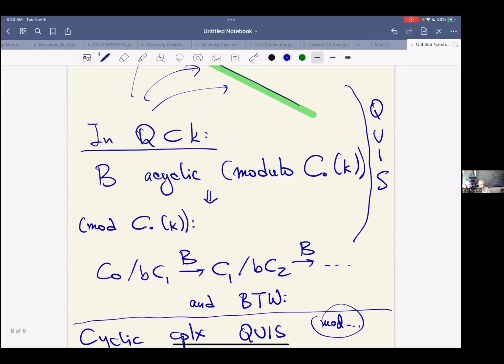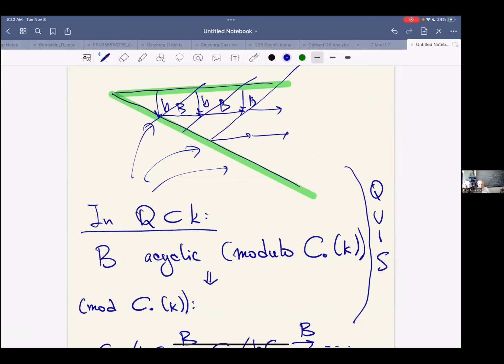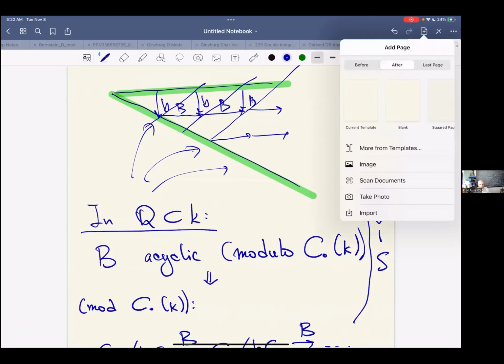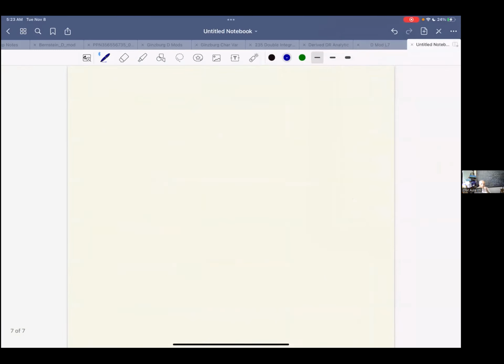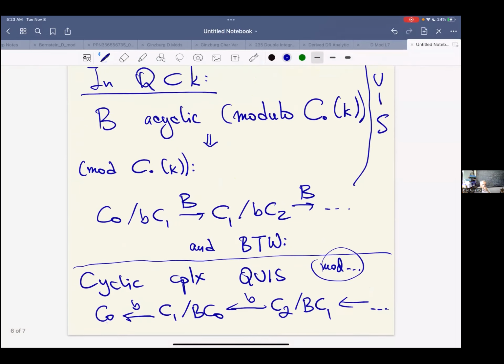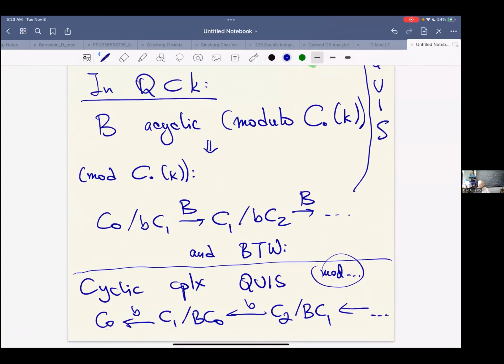Okay, so why are we here? If you remember the non-commutative de Rham complex, it also has this sort of format.